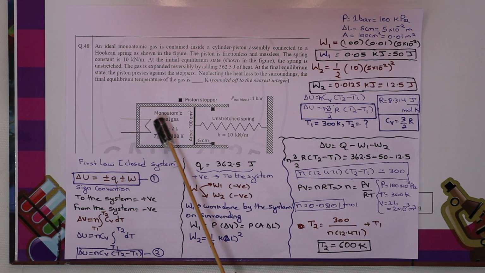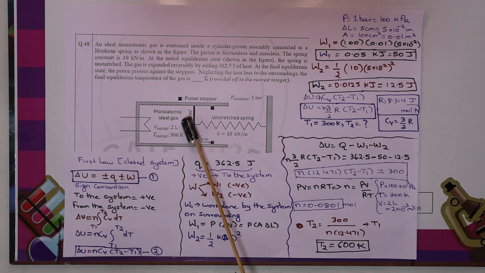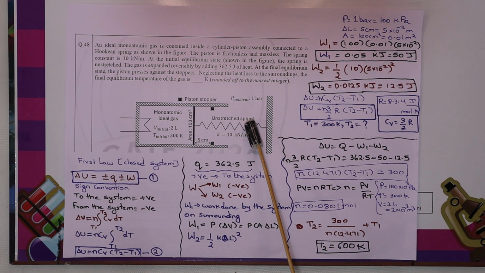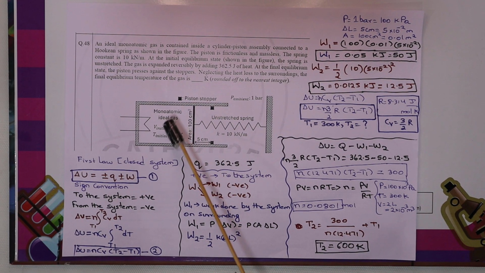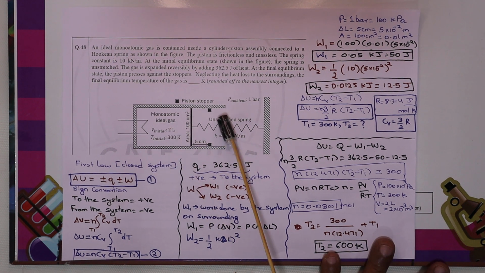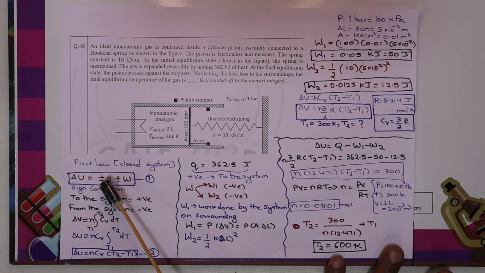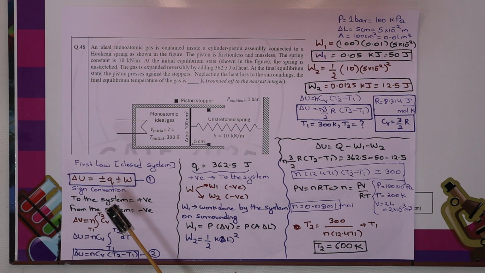If you supply anything to the system, it is taken as positive. If you remove anything from the system, or the system does something to the surroundings, you have to take it as negative. Anything towards the system is positive, anything from the system is negative, whether it is heat or work, any energy. So heat is supplied to the system, so the value of heat, which is 362.5 joules, you have to take as a positive number.